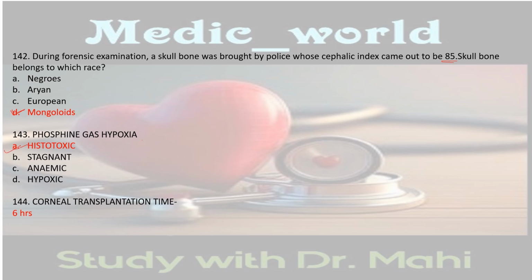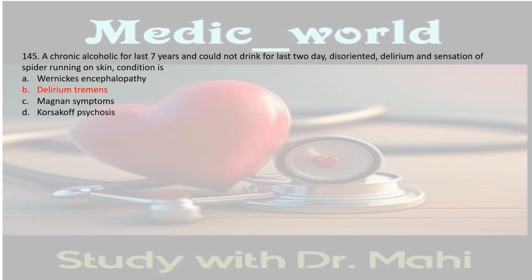Corneal transplantation time is 6 hours within death. A chronic alcoholic for the last 7 years who could not drink for the last 2 days is disoriented, delirious, and has a sensation of spiders running on the skin. The condition is delirium tremens.